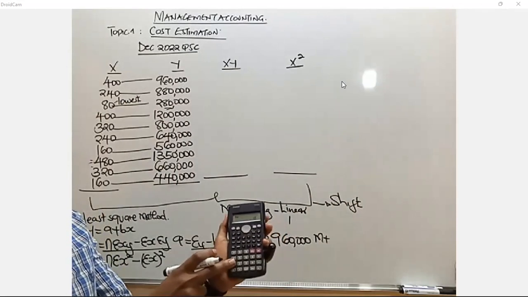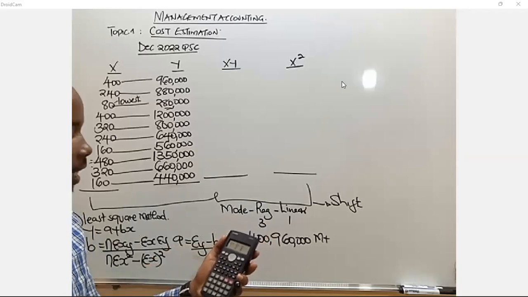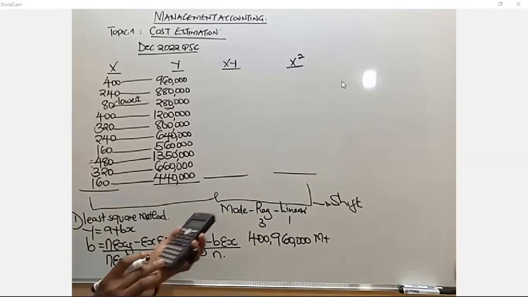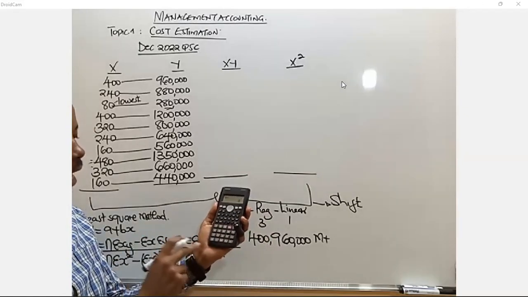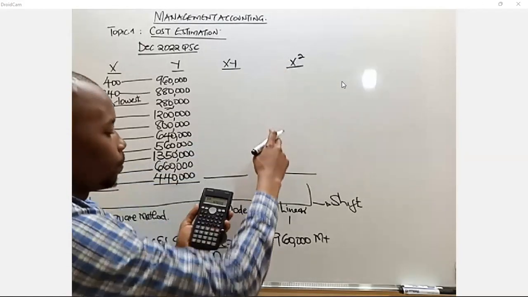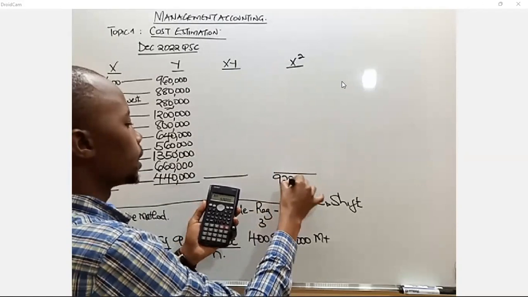Then I press button 1. My calculator will display summation of x squared, summation of x, and n. Let us start with 1. So I will press button 1 again and the equal sign. The summation of x squared, I will put 928,000 here.